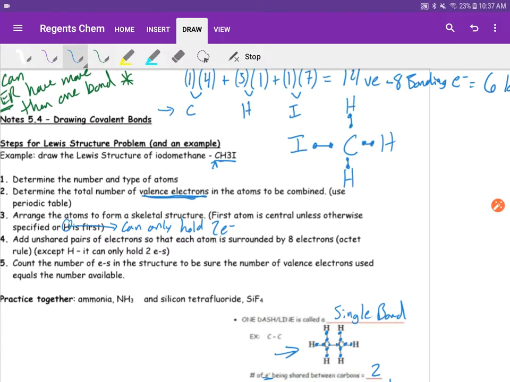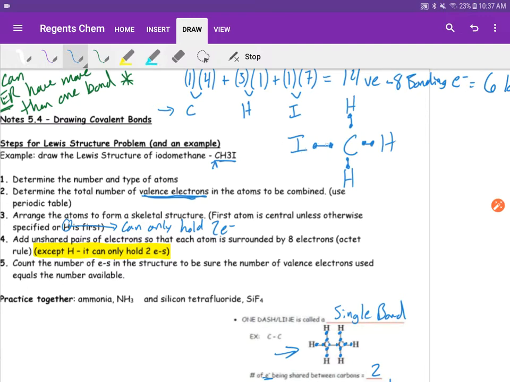Now again, think to yourself, how many electrons does every element need? Every element wants to get to 8 except for hydrogen. Hydrogen wants to get to 2, right? So remember, hydrogen can only hold 2 electrons. We already wrote that down. So if I look, each hydrogen has 2, so 1, 2, 1, 2, 1, 2. All right, hydrogens are good. Carbon wants 8. It has 8 as well. 1, 2, 3, 4, 5, 6, 7, 8.